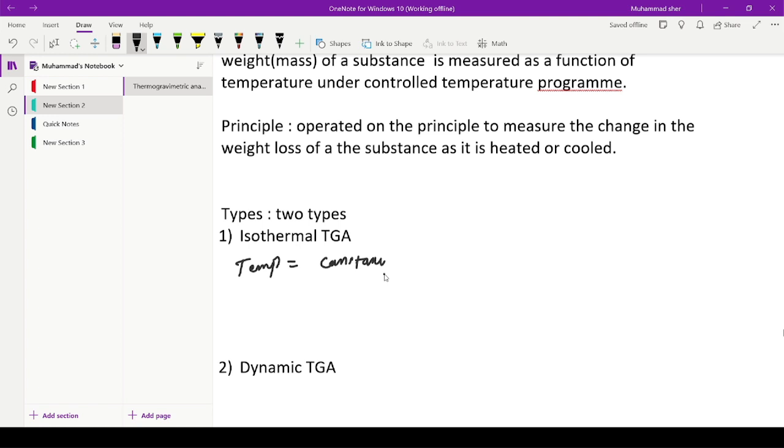Sorry, let me write it properly. Temperature will be constant and time will pass.